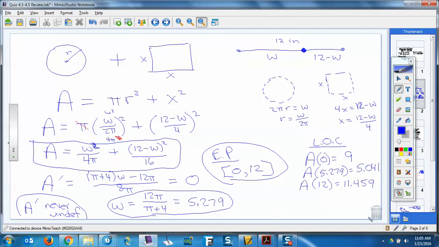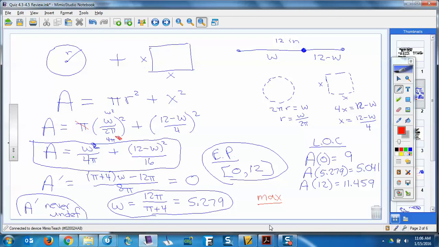Okay, so now haven't we answered both of the questions, really? We wanted a max or a min, but now you've got to kind of decipher this. So our max area, the question was, how much wire should we use for the circle, I think. Wasn't that it? So that's good, because that's what we let W be, right?